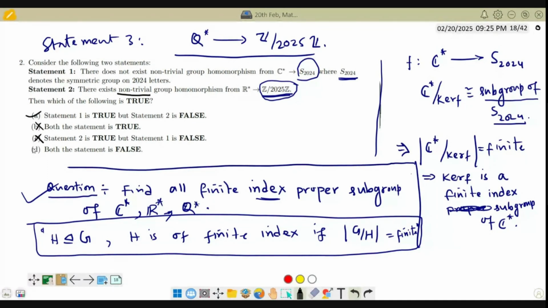So option A is true. You can generalize all those things. You do not need to remember anything, just learn how the finite index subgroup structure in this group looks like. Till now everything is fine, right?